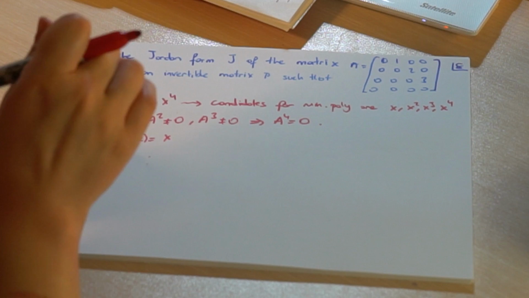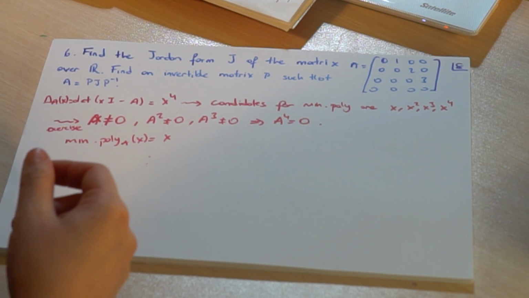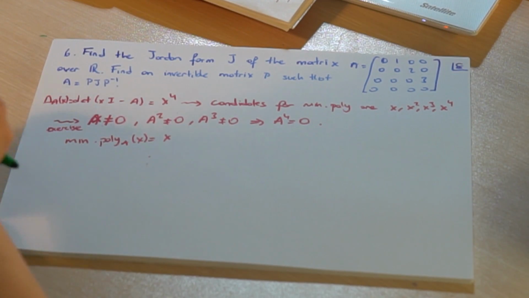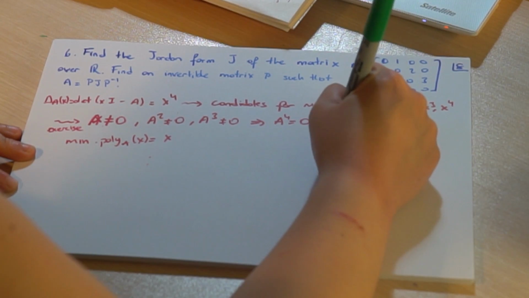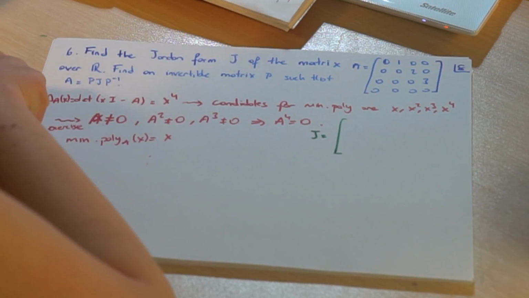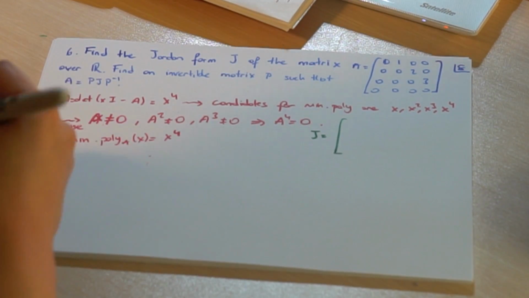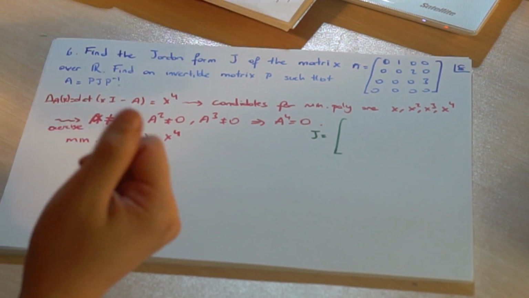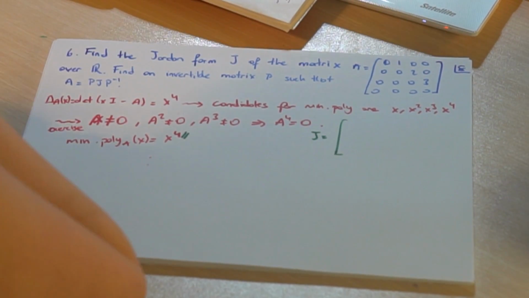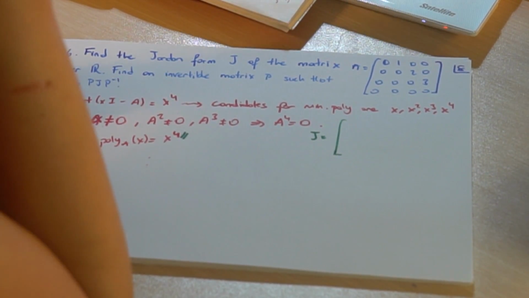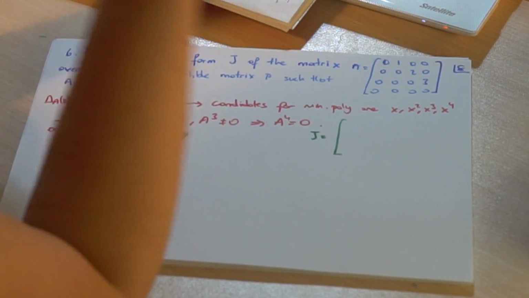Now we need to write the Jordan form J. Since only A to the 4 is equal to 0, the minimal polynomial will be x to the 4. So the maximum size of the Jordan blocks must be 4 by 4.